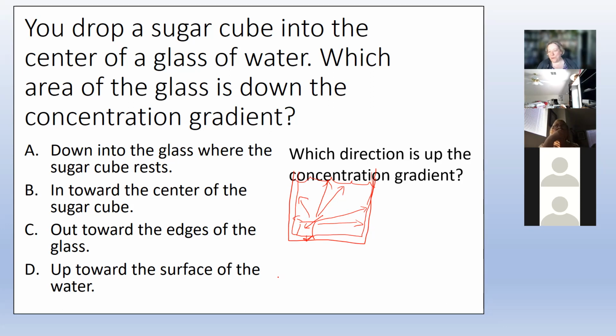For those of you who are fans of science fiction, going with Ender's Game, the enemy's gate is always down, when you're in zero G. So when you are in a cell, there is no up or down. It's either toward the higher concentration of solute, which is up the concentration gradient, or down, which is away from the highest concentration.